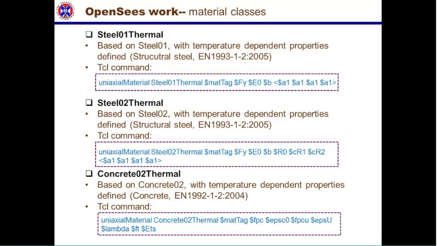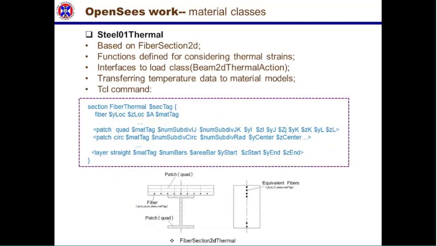And for the beam elements, we have to use FiberSection2dThermal, which works as a section class. It's also based on FiberSection2d. We developed functions defined for constraints, the thermal strains, like the thermal elongation, and the trial strain will subtract the thermal elongation, which is the thermal strain.